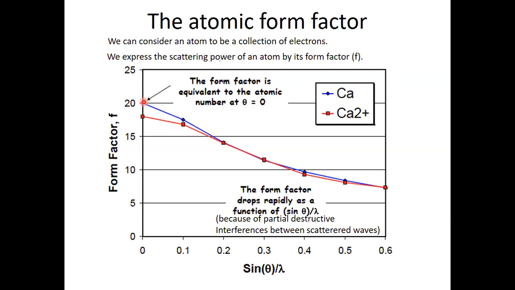So in other words, there will be a partially destructive interference between the different electrons within the atom, and that actually leads to a decline of the form factor as we increase the scattering angle.